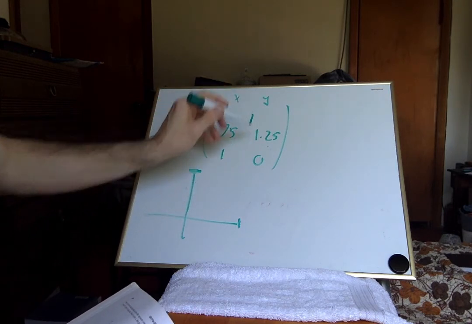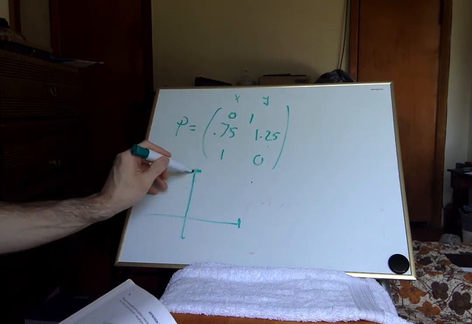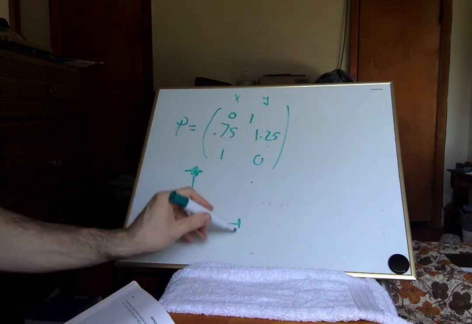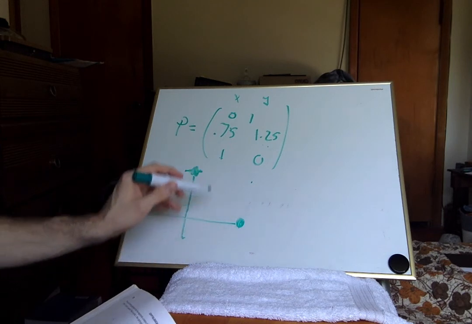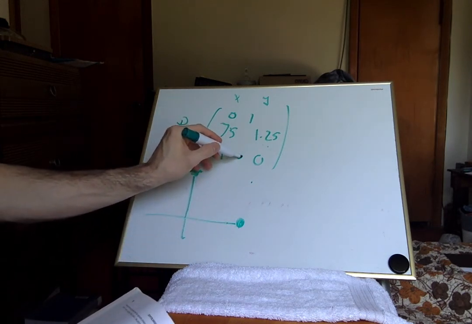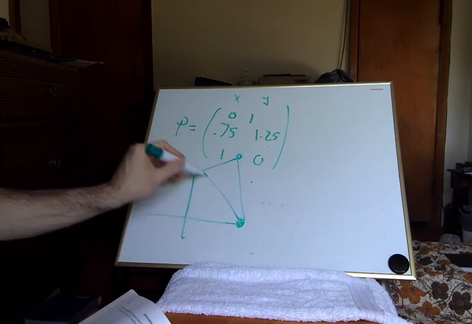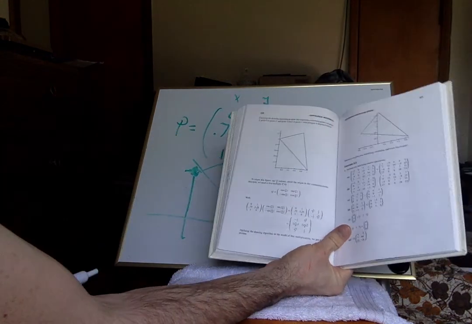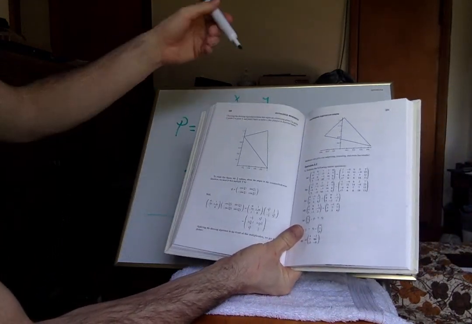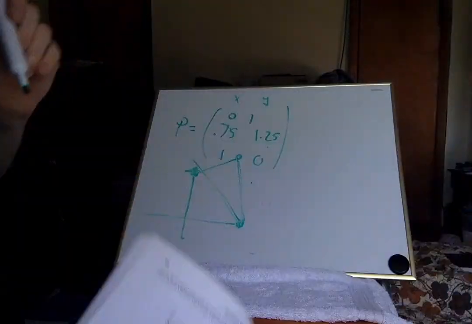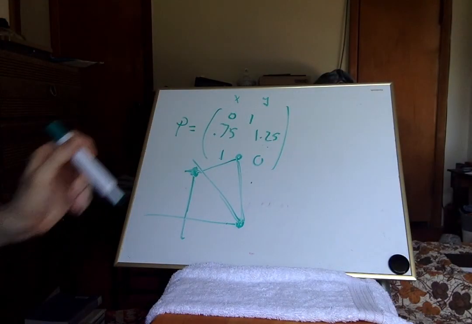Okay, so 0, 1, that's here. 1, 0, that's down here, and 0.75, that's right here, and then 1.25. So that's this shape. And that's exactly what your textbook has. You see? Right here. Same thing.